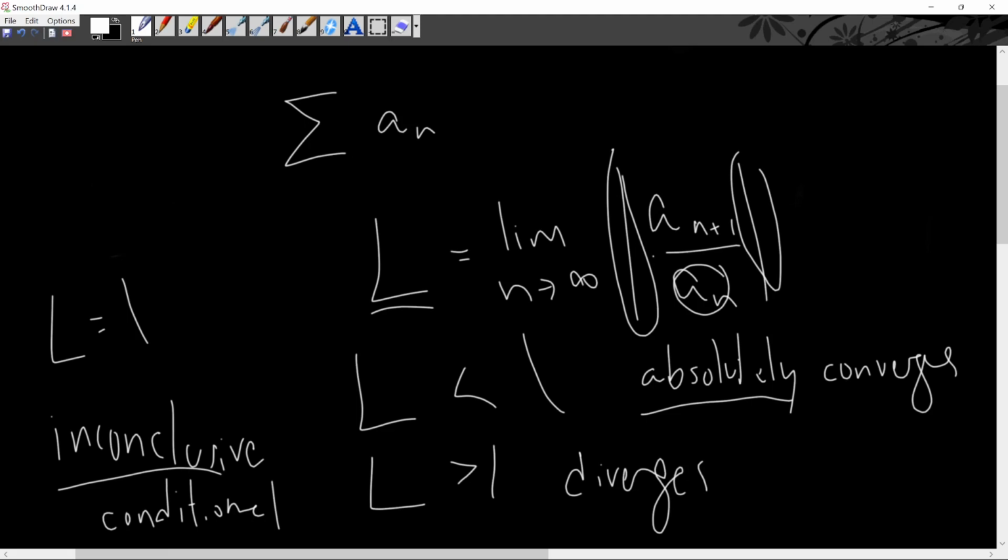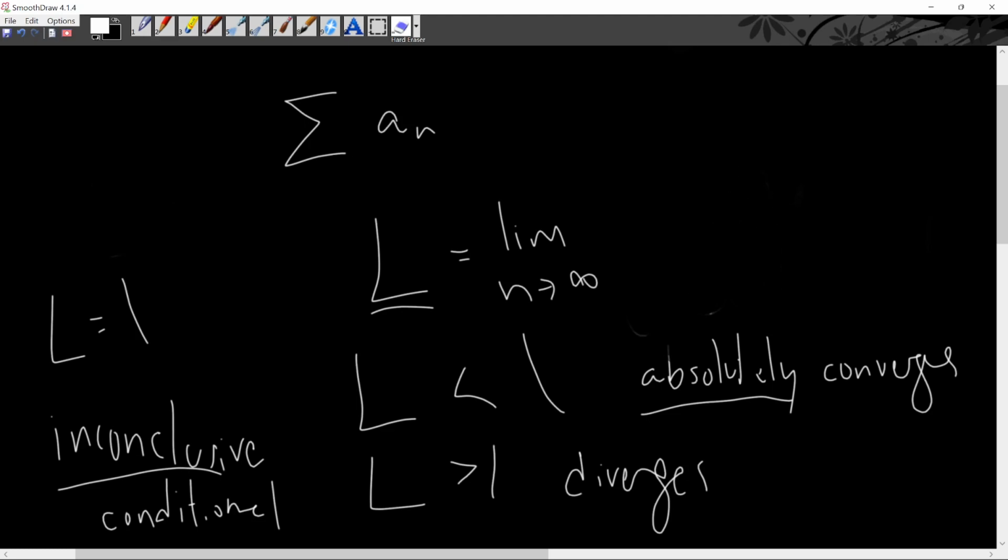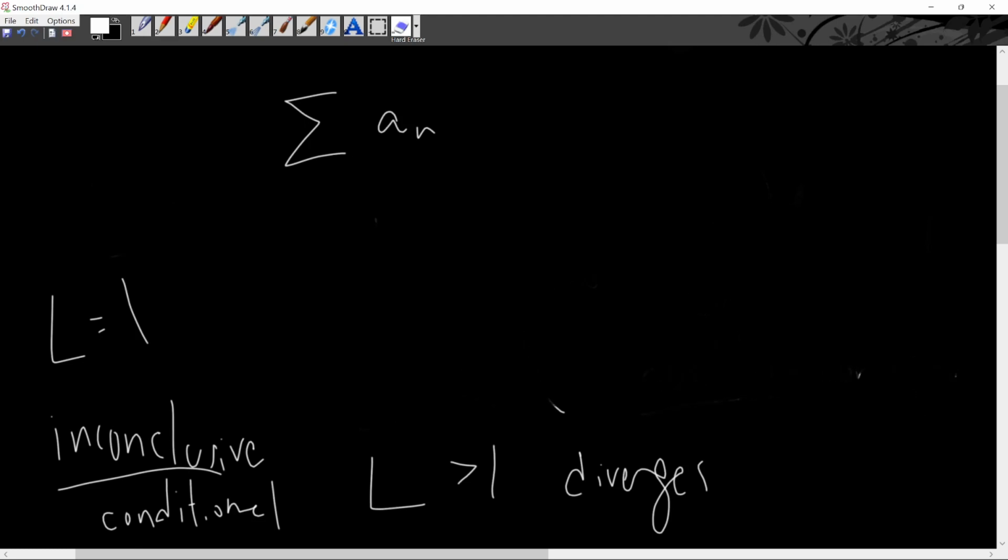But if L is greater than 1, which means that a sub n plus 1 is greater than a sub n, if you divide a large value by a smaller value, you will get a value that is greater than 1. Then you are increasing, right? You're adding terms to every subsequent value of a sub n, which means that you are getting closer and closer to positive infinity. Well, it could be negative infinity, but you are diverging to an infinity. That's why L cannot be greater than 1.